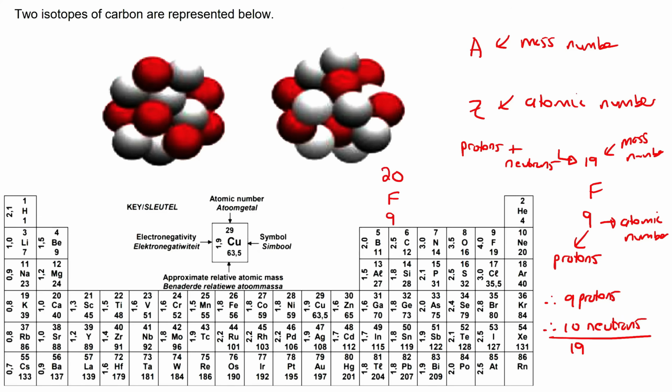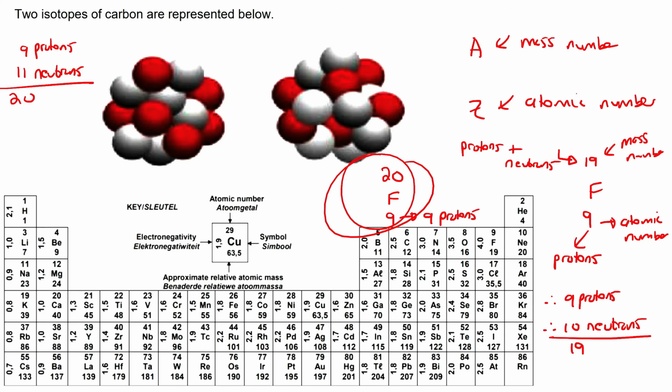So what would this then be if I gave you 20 F 9? Now it's still going to be fluorine. It's still got 9 protons, but now we can see this number has gone to 20. So that means we've got 9 protons, but we now have 11 neutrons, so that the total mass is 20. And these are going to be called isotopes.